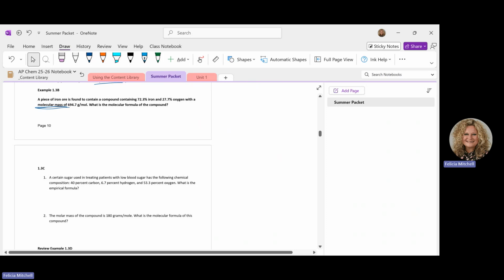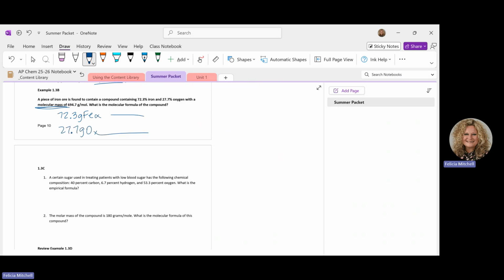Okay, how do you get the empirical formula? Percents into grams. 72.3 grams of Fe, 27.7 grams of O. Got to flip it to moles so you can divide by the smallest number of moles. So molar mass, 55.85 grams in 1 mole, 16 grams of oxygen in 1 mole. Convert to moles: 1.295, 1.731.